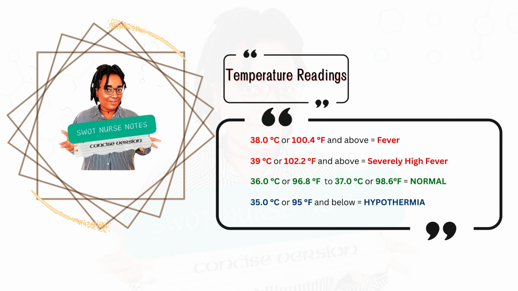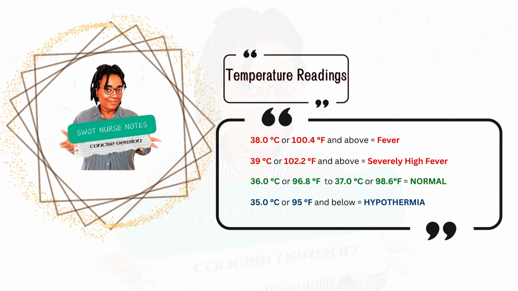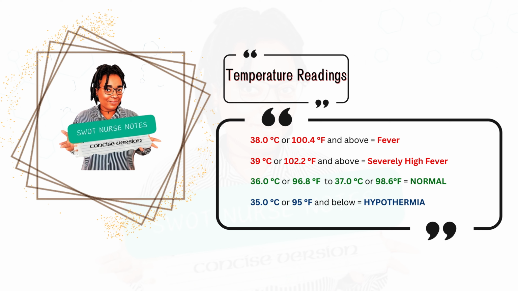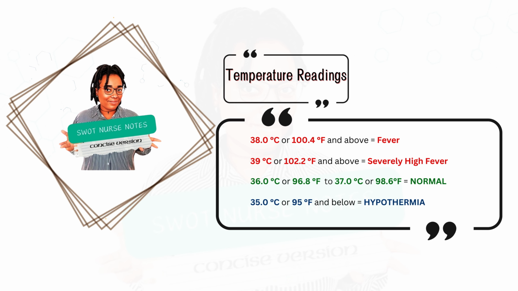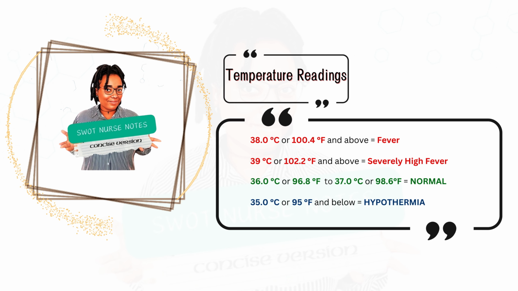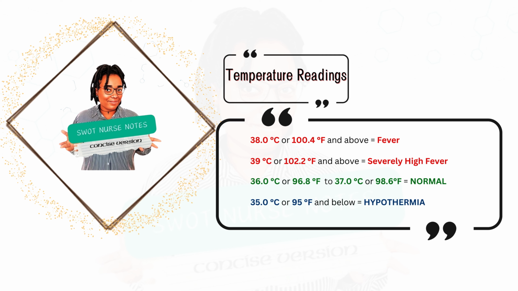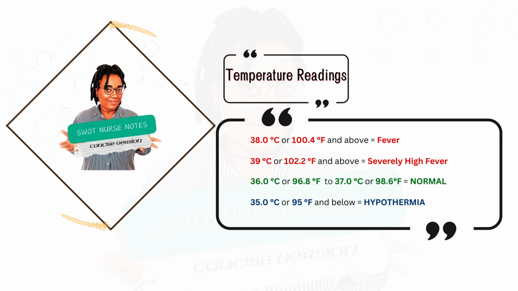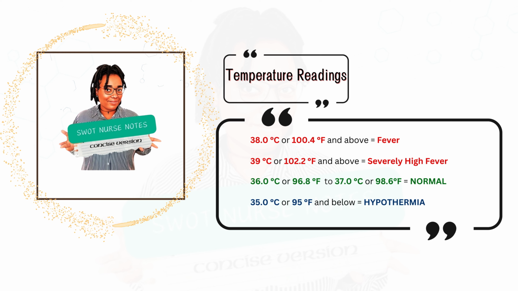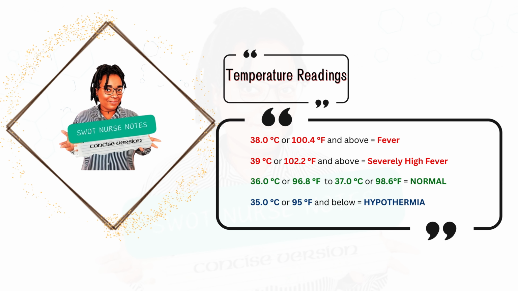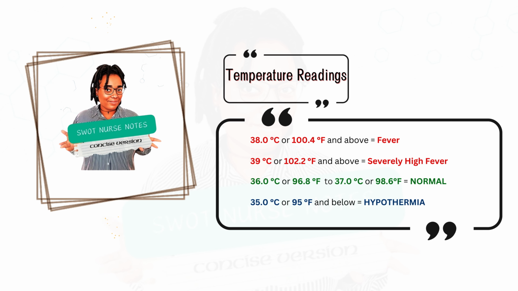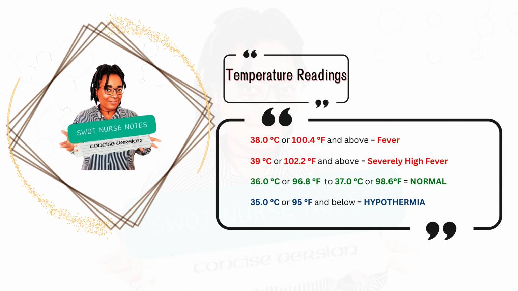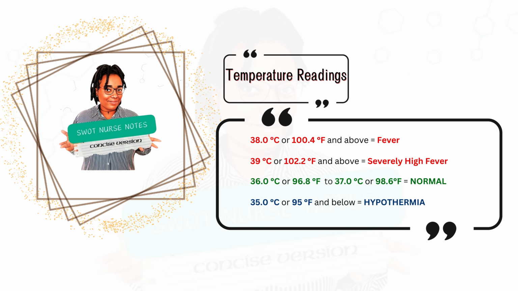Immediate medical attention will be needed, as severely high fever can cause febrile seizures, brain damage, and even death. A temperature reading of 36.0 degrees Celsius or 96.8 degrees Fahrenheit to 37.0 degrees Celsius or 98.6 degrees Fahrenheit is considered the normal range for adult body temperature. And any reading below 35.0 degrees Celsius or 95 degrees Fahrenheit indicates hypothermia.